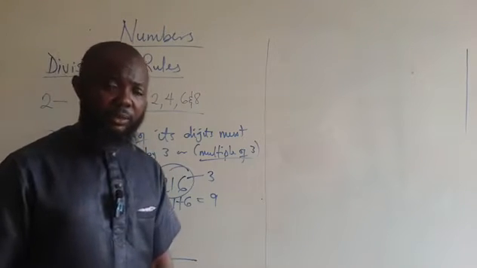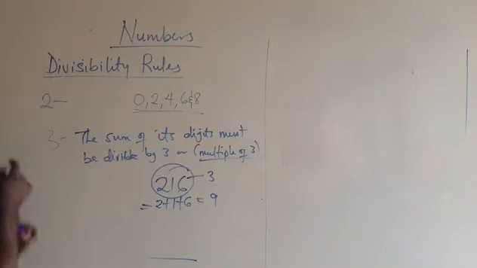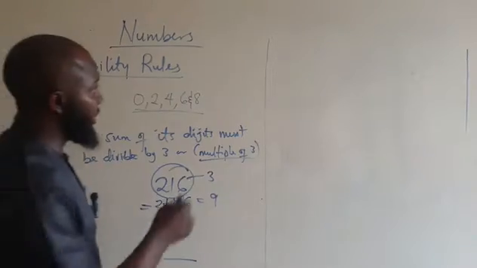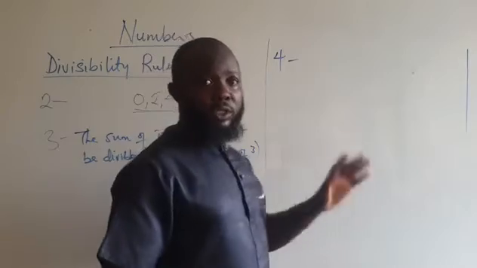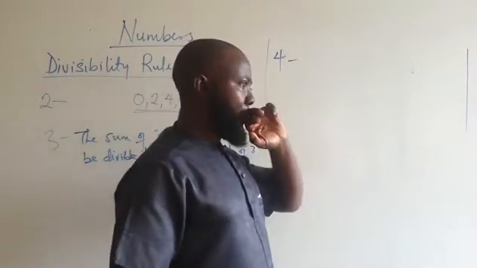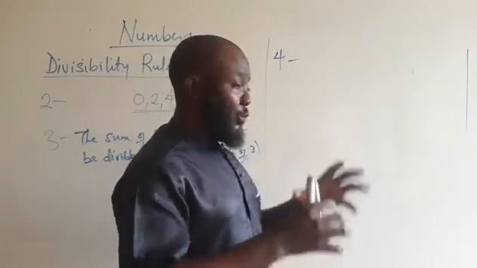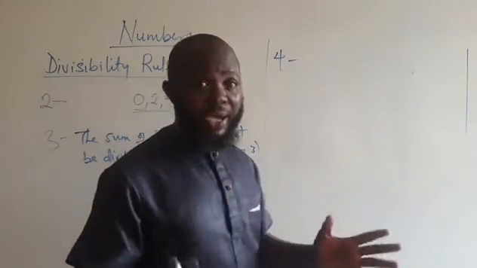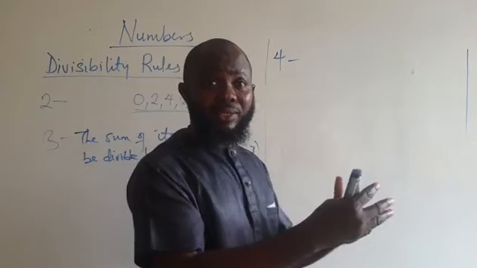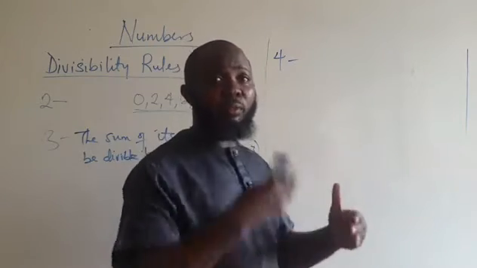So that is that on 3. We'll move to the next one, which is 4. If you have a large number that you want to divide, there are some numbers where we can tell whether 4 can divide them or not.